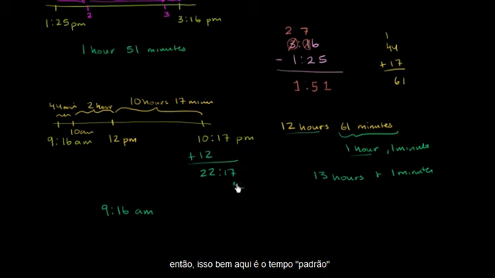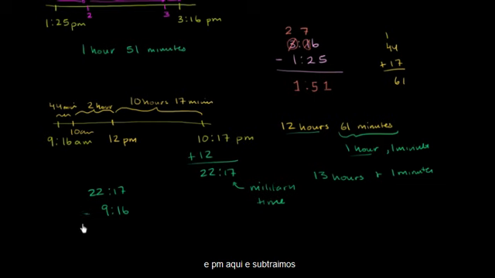So this right here is military time. And so we can subtract the starting time from the ending time now. 22:17, and we can subtract. And actually, I shouldn't even write the AM here. We're talking about military time, so you don't have to differentiate between AM and PM here.